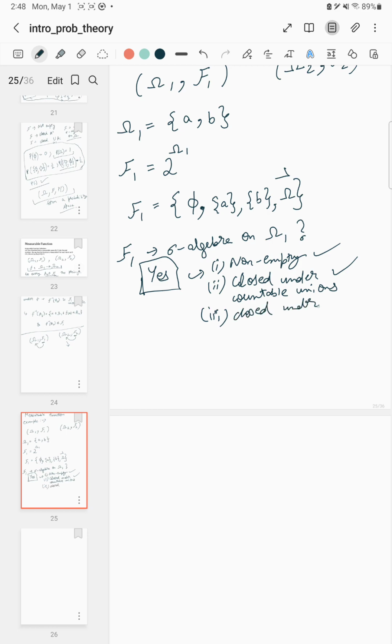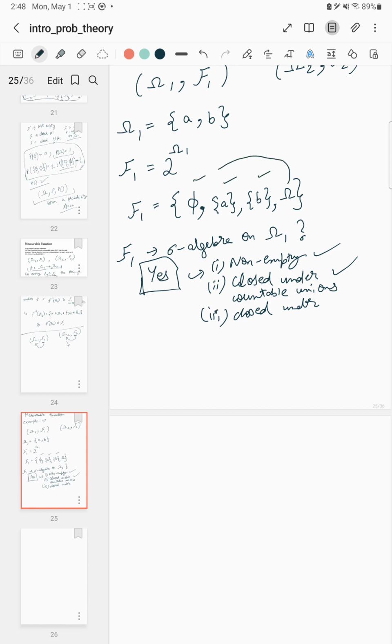So if you take any set present in f1, if you take the complement of that set, it should also be present in f1. So the complement of phi is omega, which is present in f1. So it satisfies the property. Complement of a is b. The complement of set b is a, and both of them are present in f1. Hence they too satisfy the property.